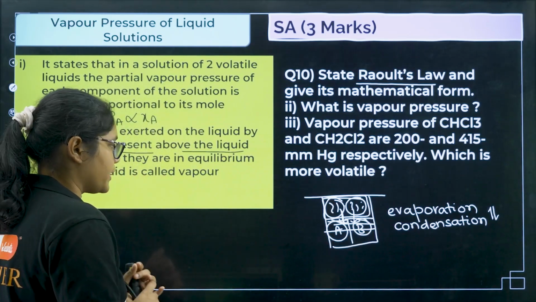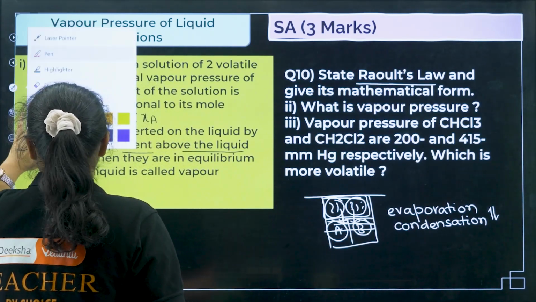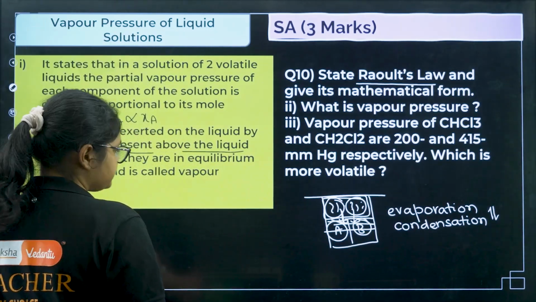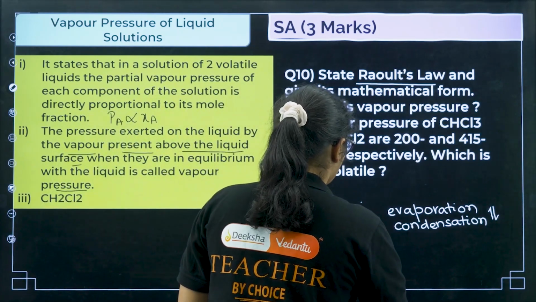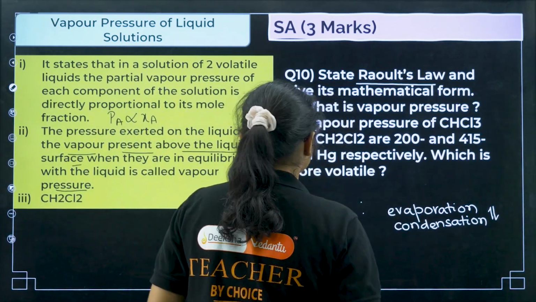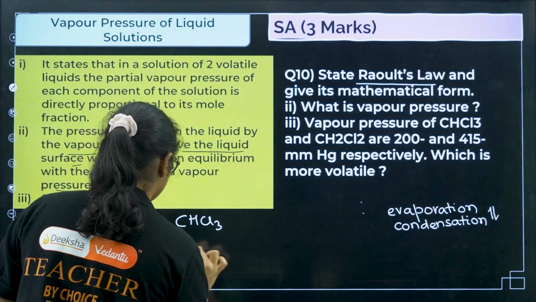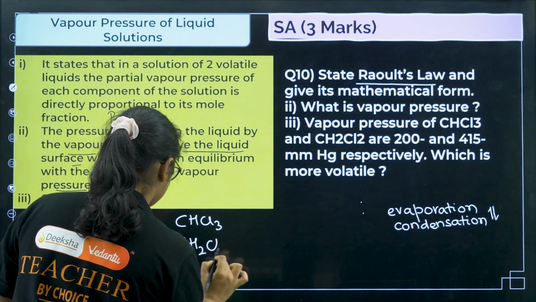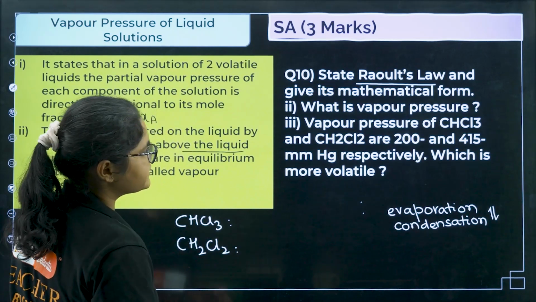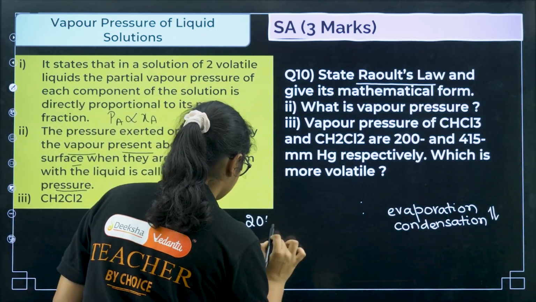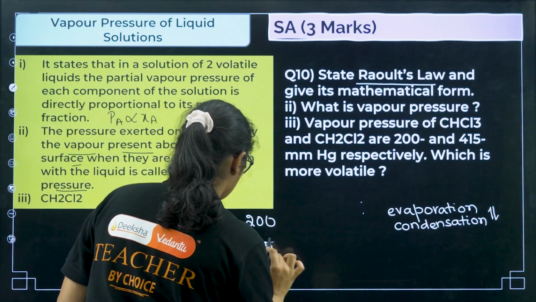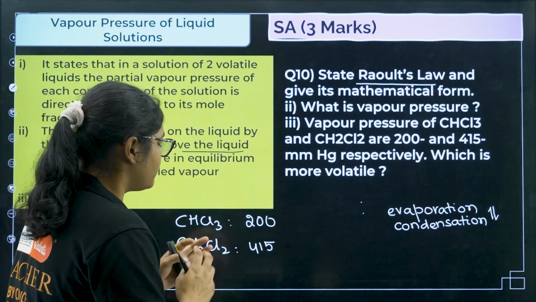This pressure exerted by the vapor on the liquid when the system is at equilibrium is called vapor pressure. Now the next question is again a very interesting one. CHCl3 and CH2Cl2, both vapor pressures are given, right? CHCl3 vapor pressure is 200 and CH2Cl2 vapor pressure is 415. So what does it mean?